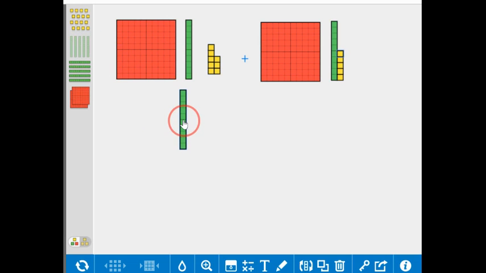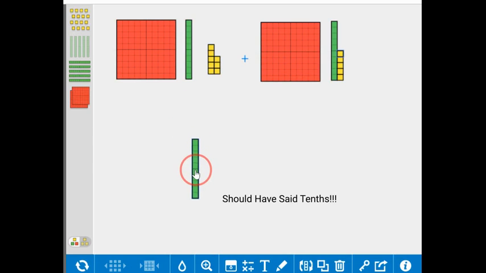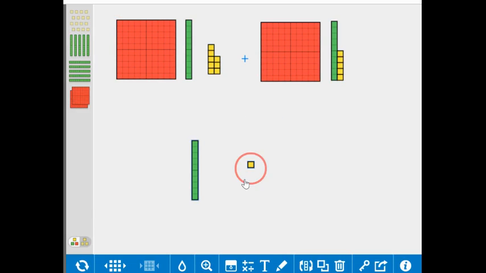So I need to give an extra hundredth down here. And that gives me 3/100ths because we said it was 13/100ths. That was just how many hundredths we had. Now we have to add both of our tenths. So we have 2 more tenths.